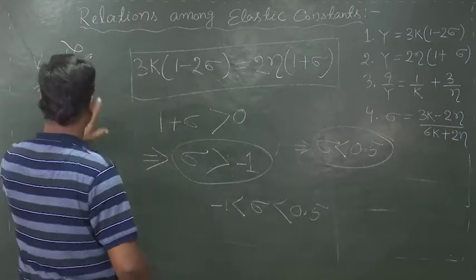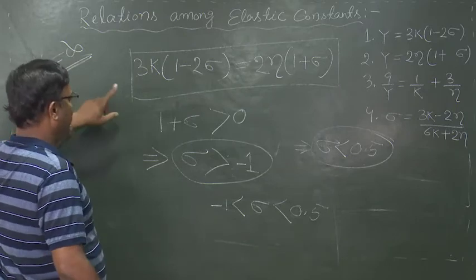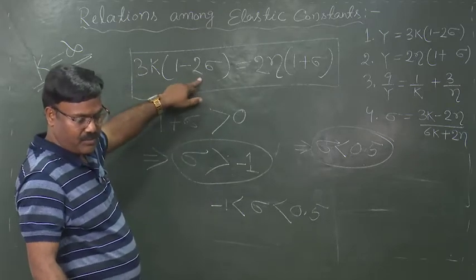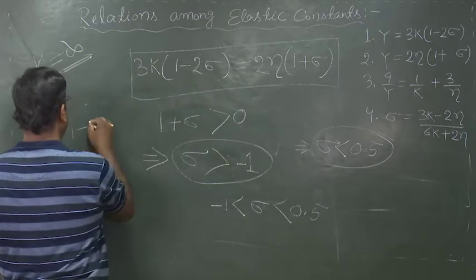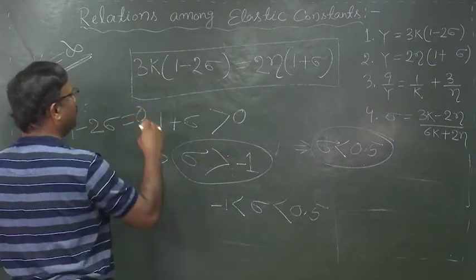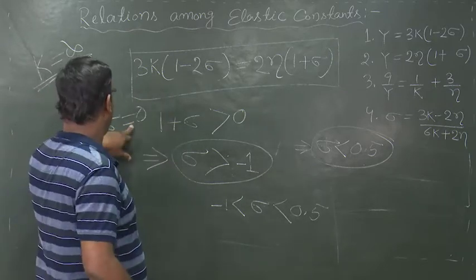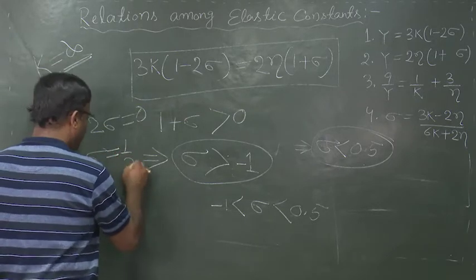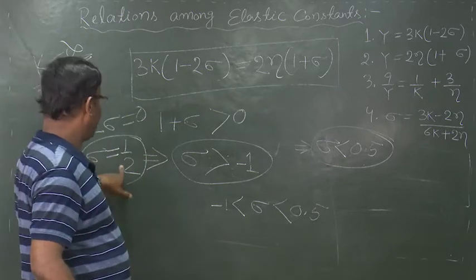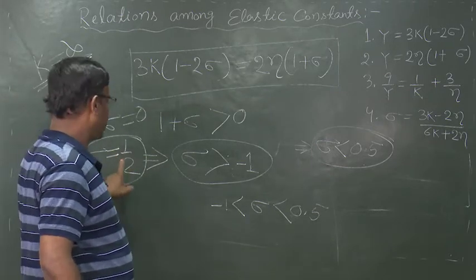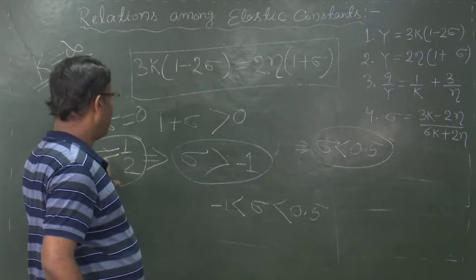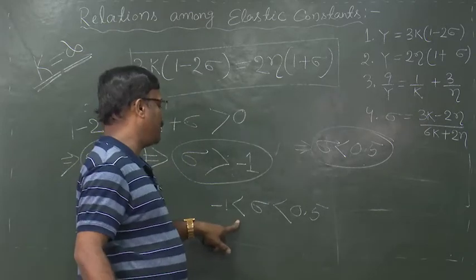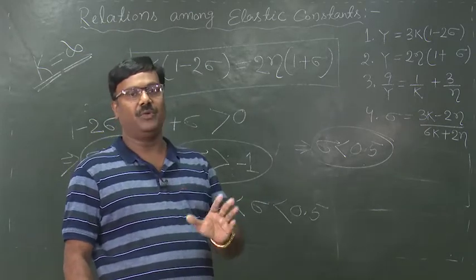That is why if K is infinity, then this factor will be 0, and then 1 minus 2σ must be equal to 0, which implies σ is equal to half. That is why practically σ lies between 0 and half, but theoretically σ lies between minus 1 and 0.5.